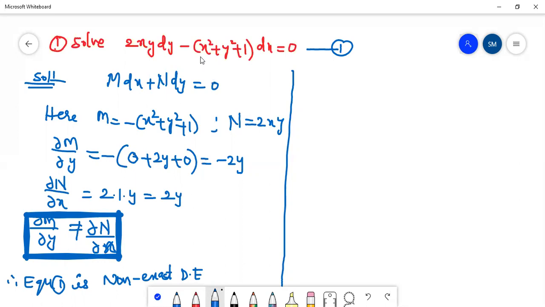But here you can observe 2xy is there. It is the N function. It's 2xy, while here it is x squared plus y squared plus 1. So it's suitable to the N function only. So we can take 1 by N into (dou M by dou y minus dou N by dou x). Why? Because it is only the y variable. After cancelling of the y variable, you are getting the x variable function.